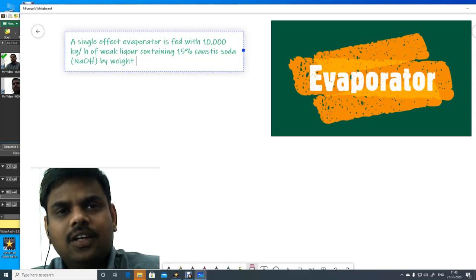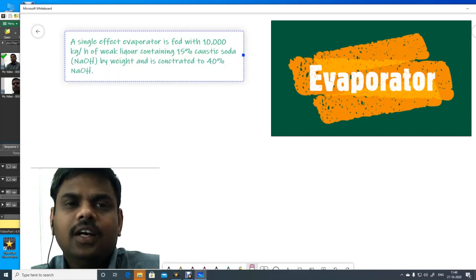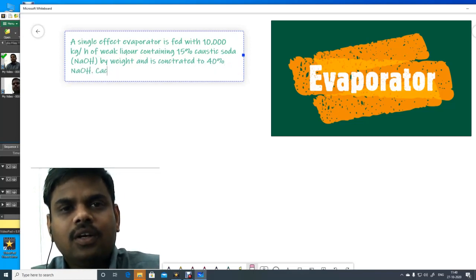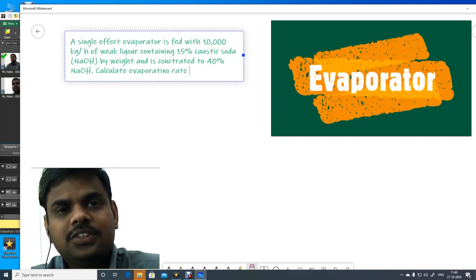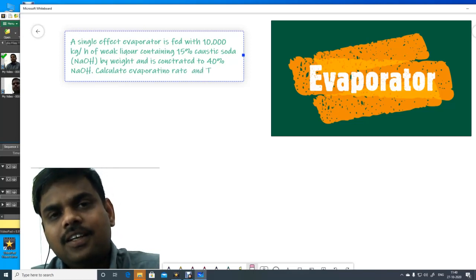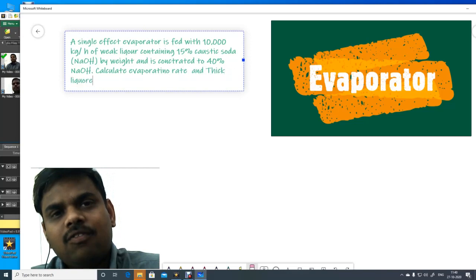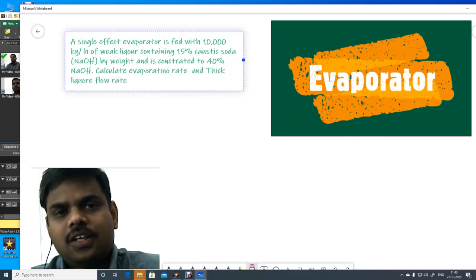So I repeat, a single effect evaporator is fed with 10,000 kg per hour of weak liquor containing 15% caustic soda by weight, and it is concentrated to 40% caustic soda. Calculate the thick liquor flow rate and evaporation rate.